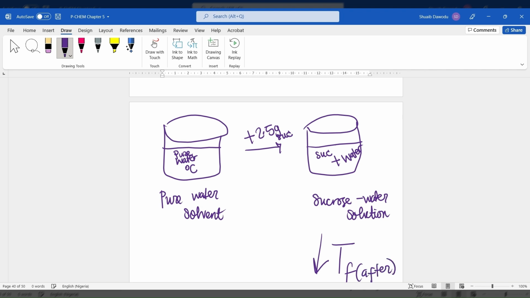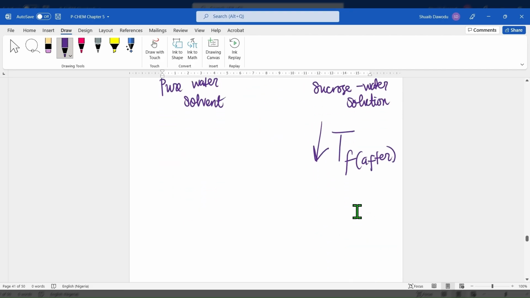So expect a lesser value than 0 degrees Celsius. So this is what this is teaching us. This is just like if you do a lot of organic chemistry in the lab, for those of you who are chemistry majors, you would really understand this concept because you're going to be seeing it physically. So that is basically it. Freezing point decreases whenever there is a mixture between a pure solvent and a solute.